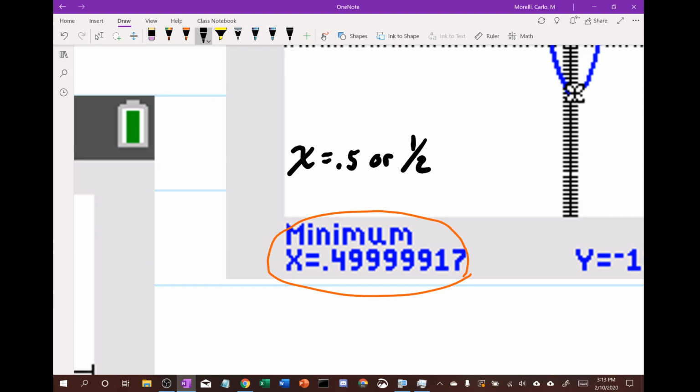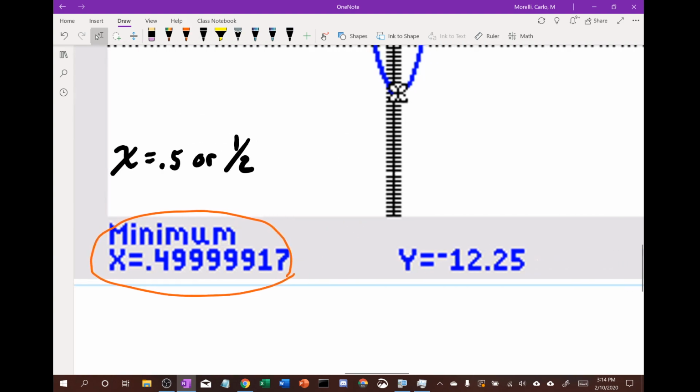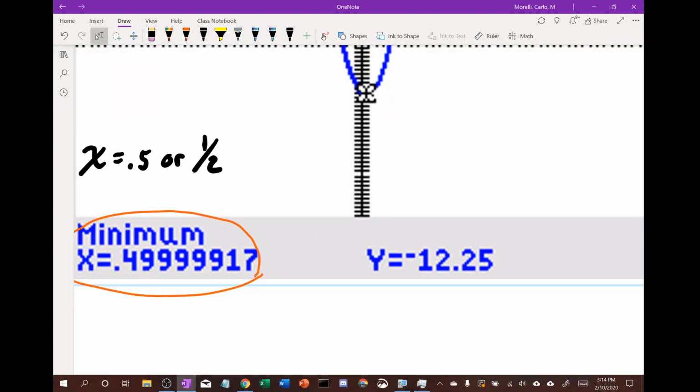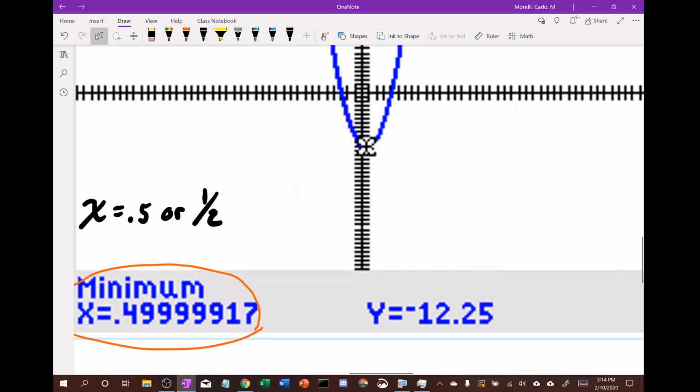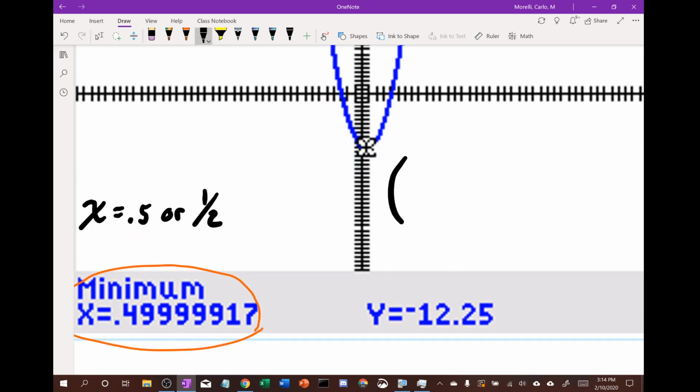Okay, you get a rounded number. Over here, it's finite. All right, so the vertex is located at 0.5 comma negative 12.25. That's the vertex.